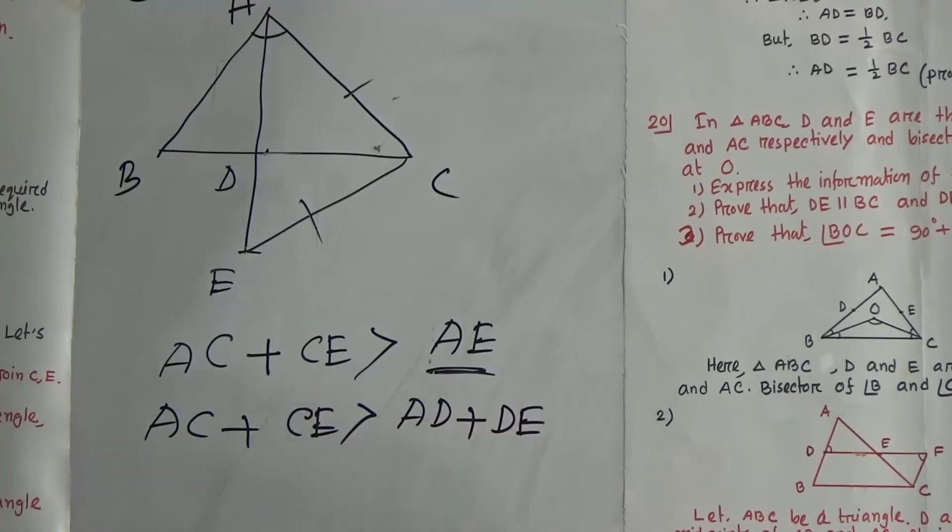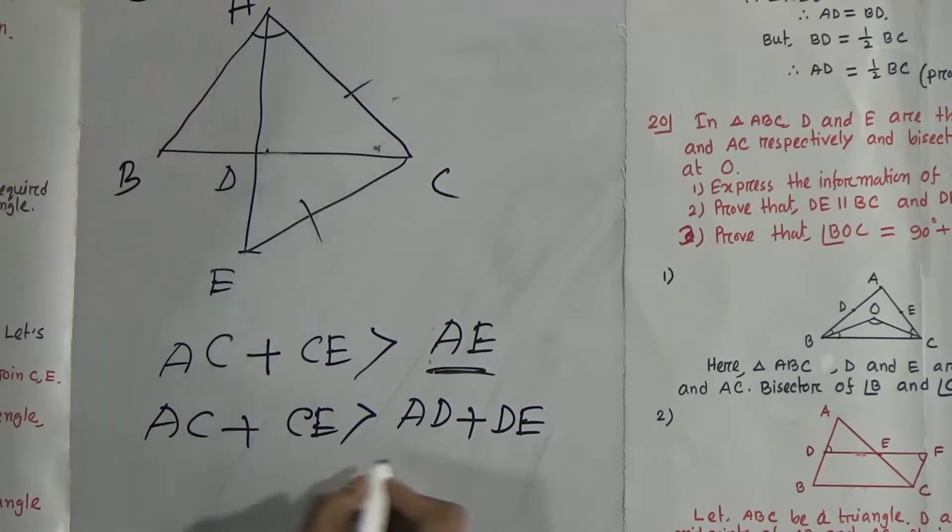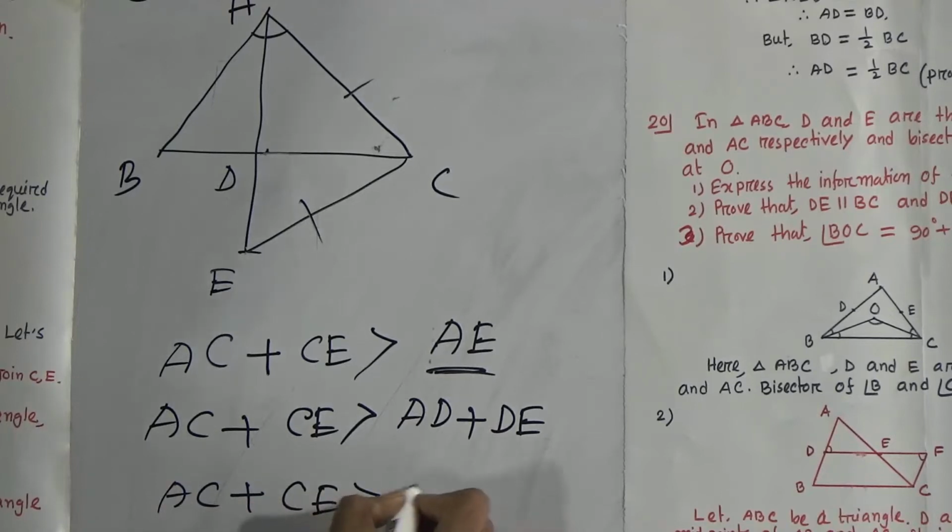As D is the midpoint and AD equals DE, we write AC plus CE is greater than AD plus AD, that means AC plus CE is greater than 2AD.